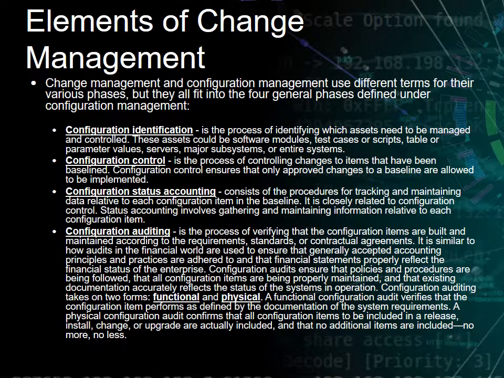Configuration auditing takes on two forms, functional and physical. A functional configuration audit verifies that the configuration item performs as defined by the documentation of the system requirements. A physical configuration audit confirms that all configuration items to be included in a release, install, change, or upgrade are actually included, and that no additional items are included. No more, no less.